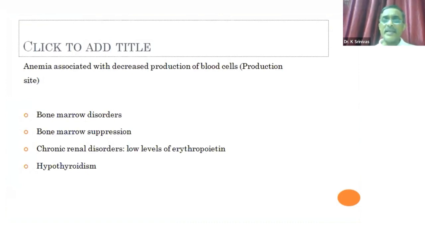Any of these things can cause bone marrow suppression, and many a time bone marrow suppression may not just result in anemia, it results more often in pancytopenia. Chronic renal disorders again bring down the level of erythropoietin, and the production at the site is altered. Of course, hypothyroidism too works through the same mechanism.